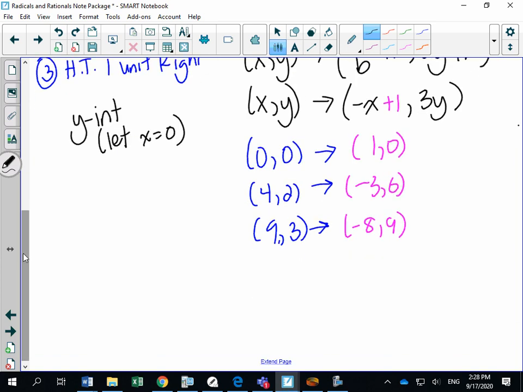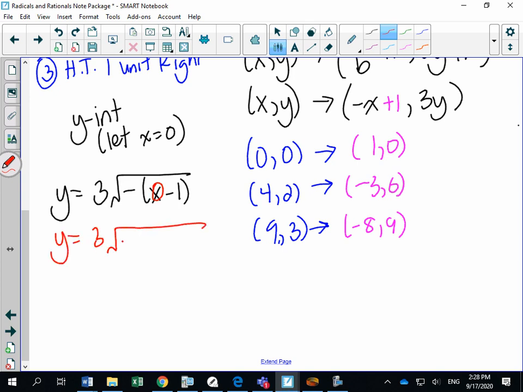The equation of our transformed graph was y is equal to 3 square root of negative x minus 1, close that bracket. What I need to do to find my y-intercept is let x be 0. So rewriting this, y is equal to 3 square root of negative 0 minus 1, which is negative 1.